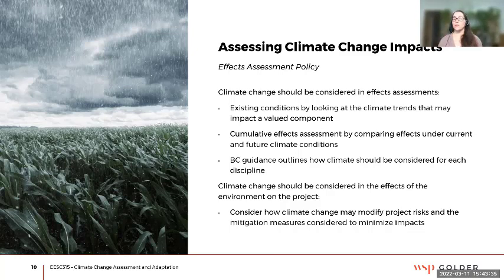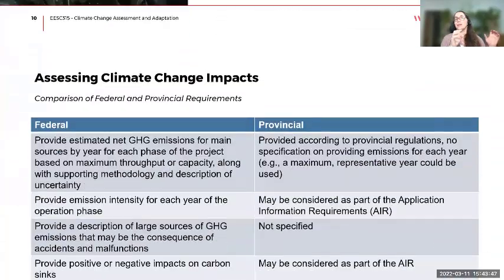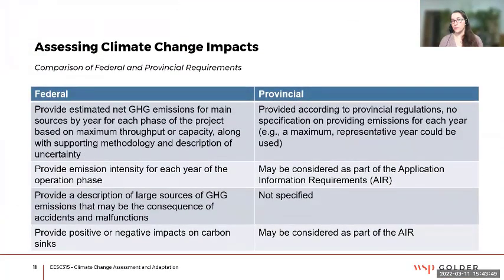So that's a high-level overview. And what I'd like to do is get into a table right now, which has a lot of words in it. So we're not going to read all of them. It's just showing you what the difference is between the federal and the provincial. And the reason this is important is when you're looking at an environmental assessment, sometimes it can get designated up to the federal level, and the federal assessment process has more requirements.